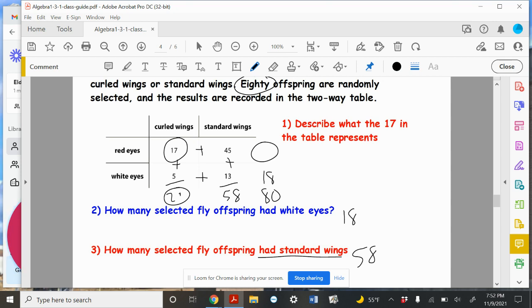That could be 22, because 22 plus 58 is 80. If I add those across, 17 plus 45 is 62. 62 plus 18 is also 80. So remember that they add down, they also add across, and all those values will add up. So we can see that the numbers work out exactly as we discussed.